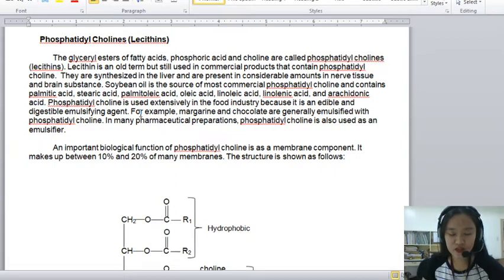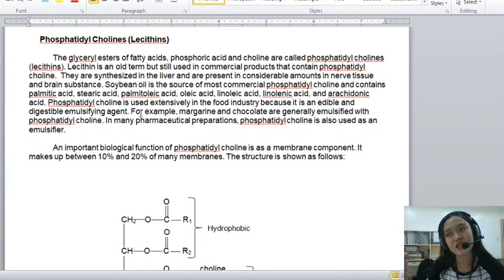So, again, when you say emulsion, or emulsifying agent, these are compounds or substances that act as a stabilizer for emulsions, preventing liquids that ordinarily don't mix with each other from separating. These are liquids that naturally should not mix with each other. So, with the use of an emulsifier, the mixture is stabilized. Okay?